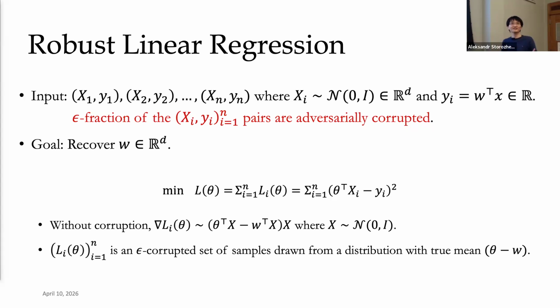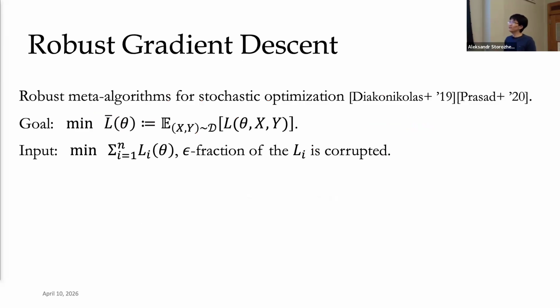Questions? So what did I just tell you? I told you how to use robust mean estimation as a black box to solve robust linear regression. You can probably notice that I did not really use anything specific about robust linear regression per se.